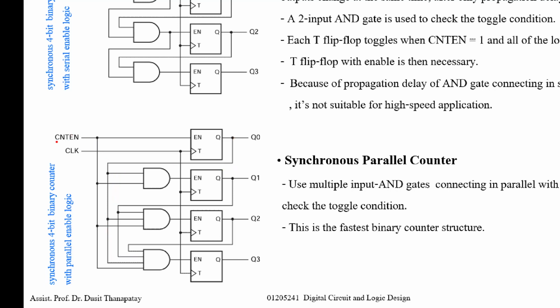That means this enable will be 1 when Q2, Q1, Q0 are 1 1 1, to make this bit toggle when the clock ticks. How about this one? This output is 1 when Q1 is 1, Q0 is 1, and enable is 1. The previous digits are 1 1, to make this bit toggle, to take the value of Q2, and so on.